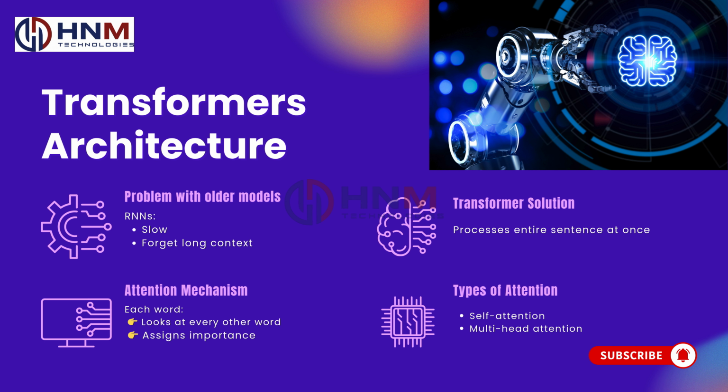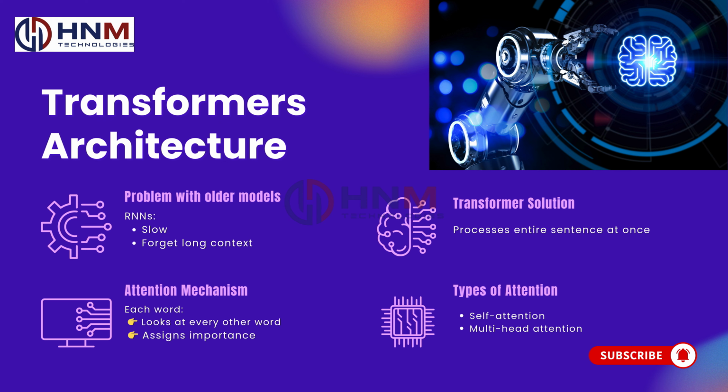Transformers are the core technology behind modern generative AI and LLMs, and understanding them gives you a huge advantage. Before transformers, models like RNNs and LSTMs processed text sequentially, meaning they read one word at a time. This made them slow and inefficient, especially for long sentences, and they struggled to remember long-term dependencies.